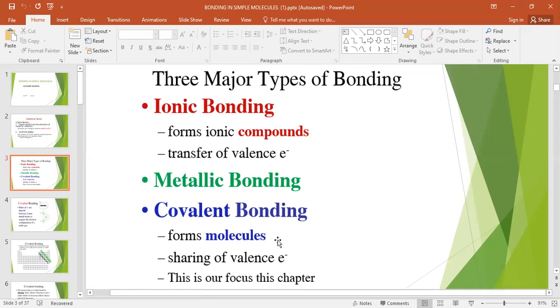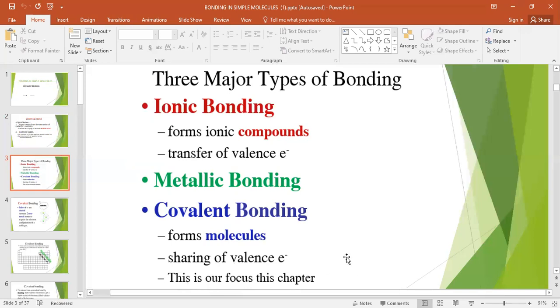Like if you have two students and only one chemistry book, if you want to share, you will not completely donate to one another. You just put it in the center. So when you share the book, in a similar situation, covalent bonding forms as a result of sharing of electrons.